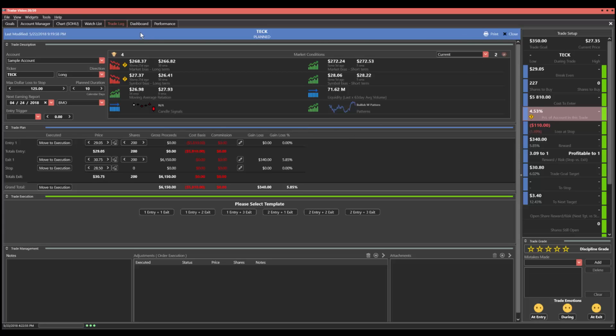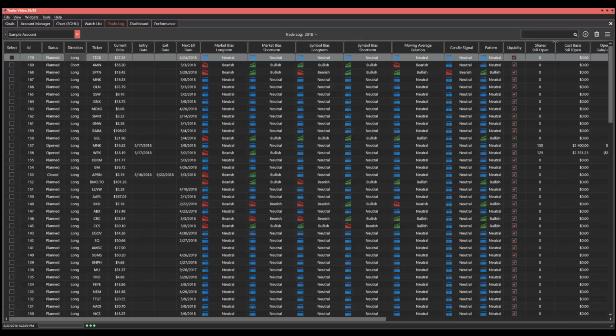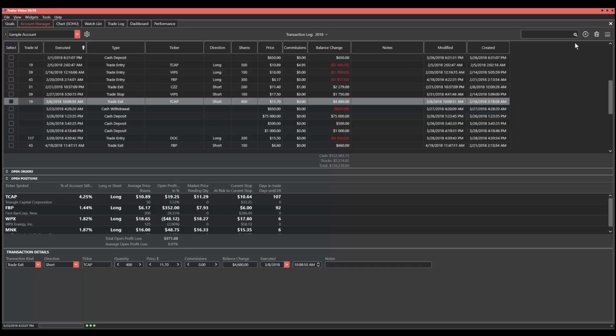You can print out a list of trades if that's something you're interested in doing. The same thing is true in Account Manager. You can print out the account, and so forth. I'm not sure what you had in mind.